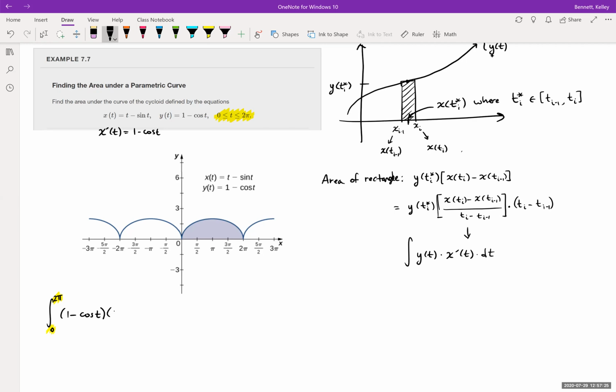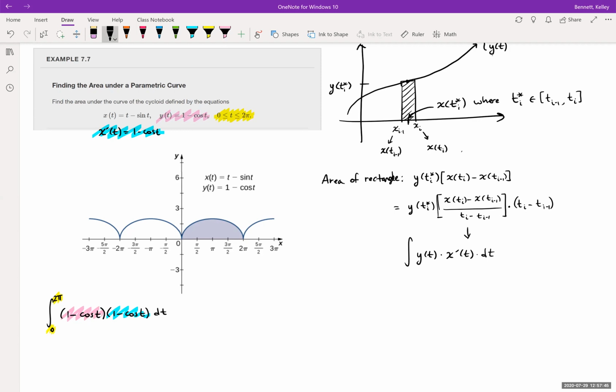Just to be extra clear where this is coming from, this is the derivative of x, this is y, and then I have to throw on my dt because of that trick I did earlier.